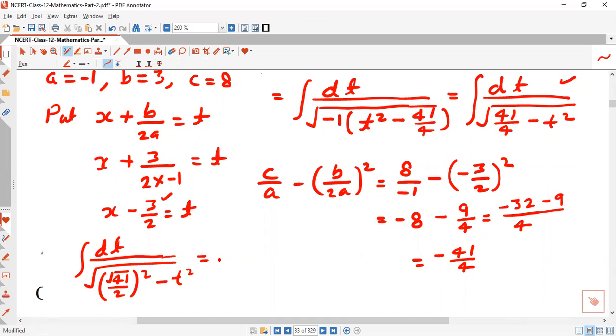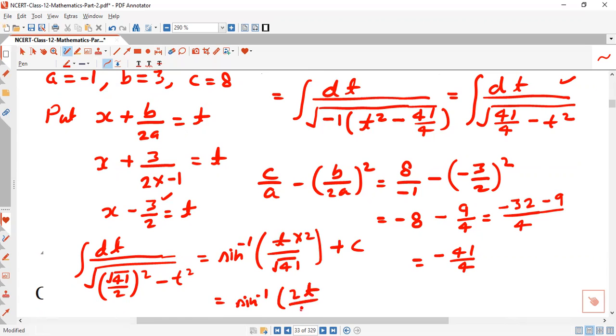This is the formula of sine inverse t upon a, that is t upon root 41 by 2, and this 2 goes to the upper side, plus some constant c. So you are getting sine inverse 2t upon root 41 plus some constant c. Now put the value of t.